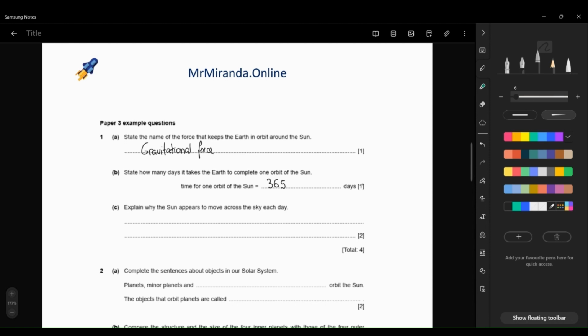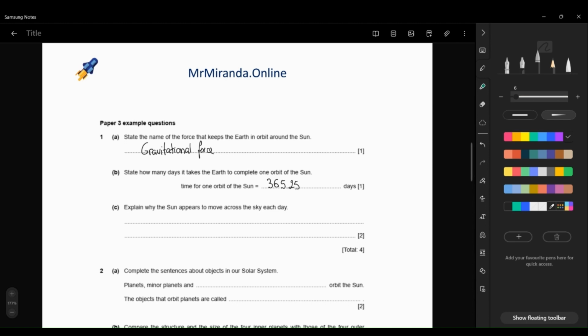In order to be more precise, you know that every 4 years you have a leap year. So if you divide that extra day by 4 years, this would be 365.25. But they will accept only 365 days.